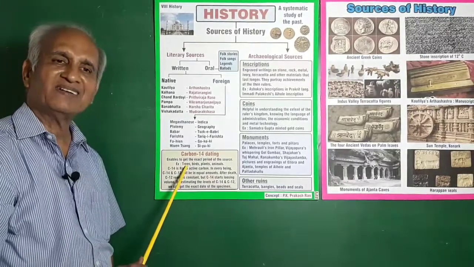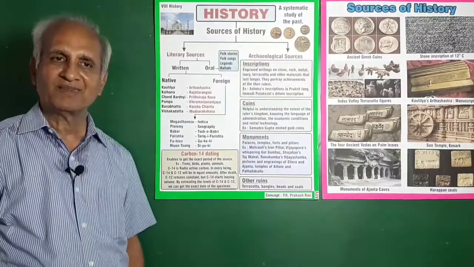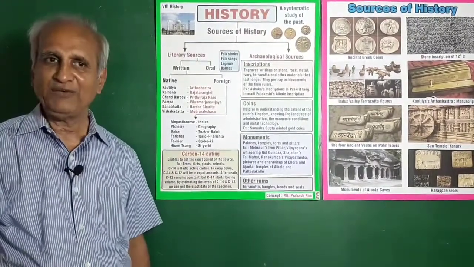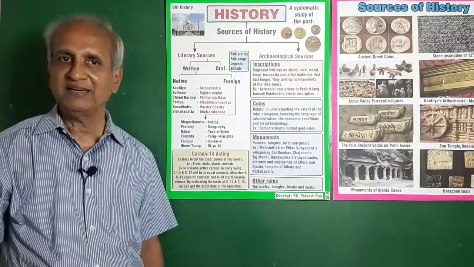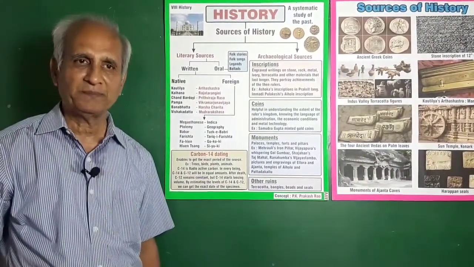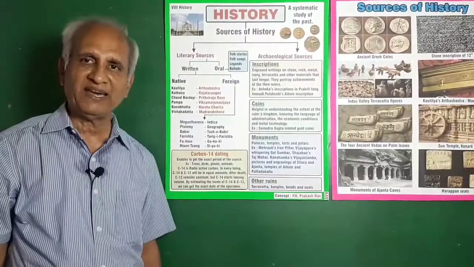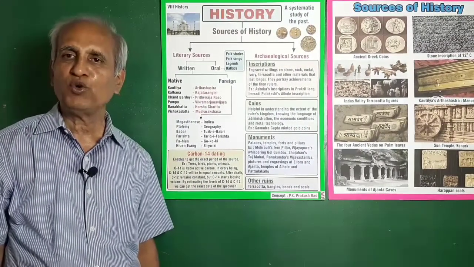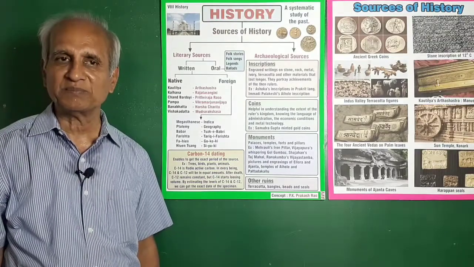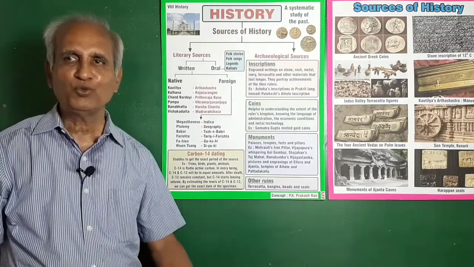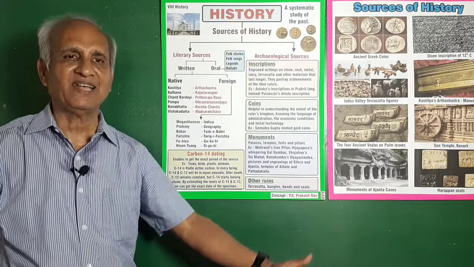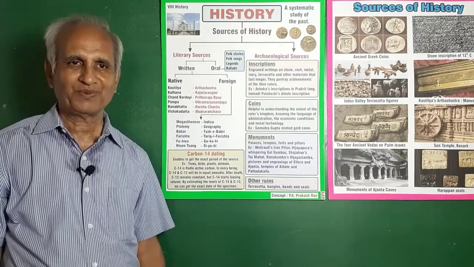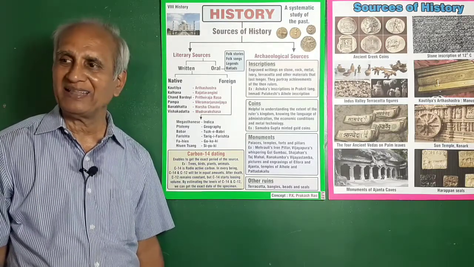Example, trees. See, there is a tree. There are trees on the highway between Delhi and Kolkata. Those trees were planted when Akbar was ruling India, nearly 450-500 years ago. Even today, those hefty trees are standing there. How do we know Akbar planted them?